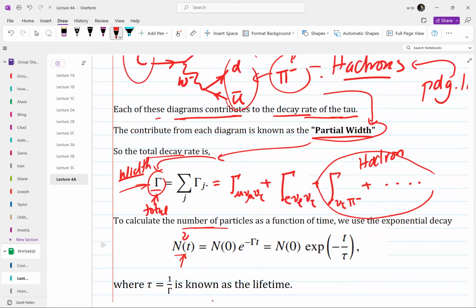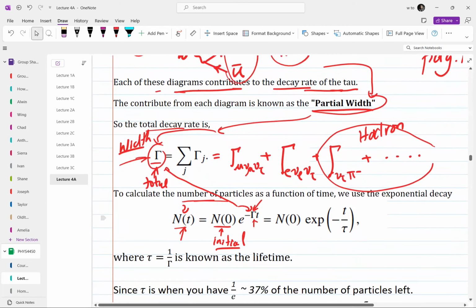Since these particles decay one at a time, and the probability of each of them decaying is the same, you get an exponential decay where this gamma is the same gamma as we've been dealing with before, and N0 is the initial number of taus you start with. If you start off with 100, that's 100.